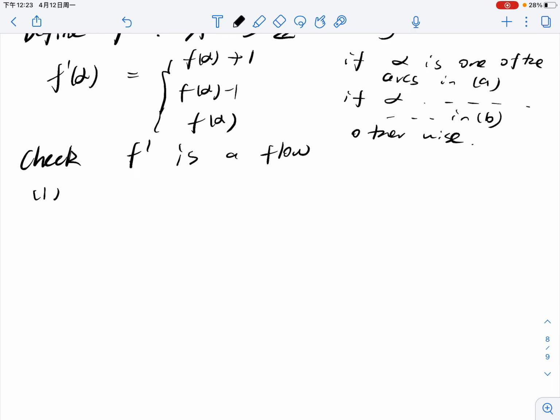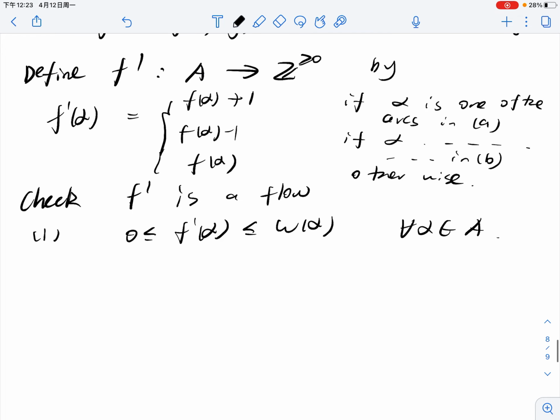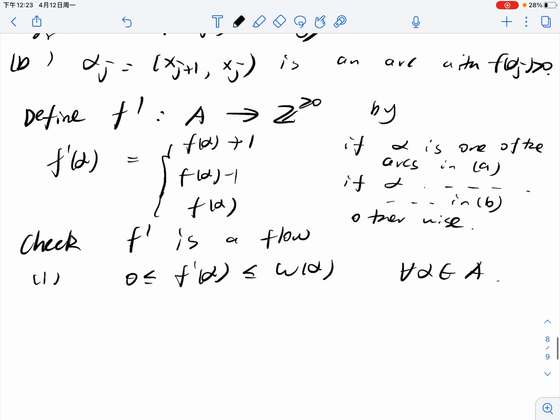So first, the value of the flow should be between 0 and omega alpha. So this is true because every time when we increase the value or decrease the value, we always have the value between 1 and omega alpha minus 1.